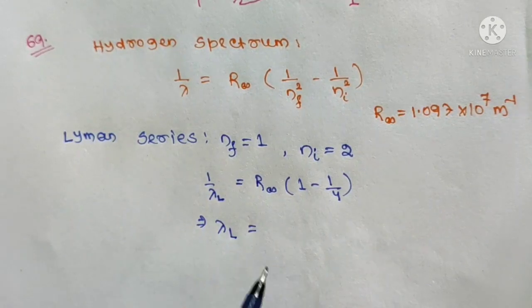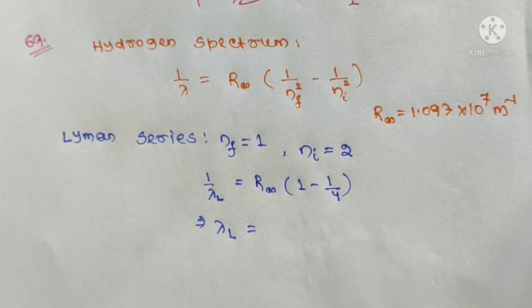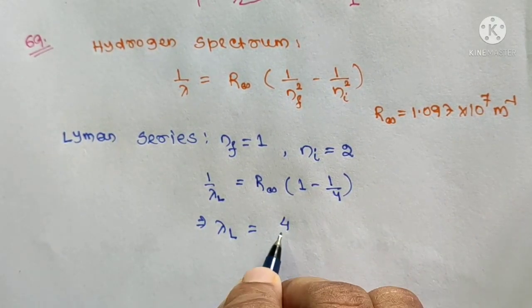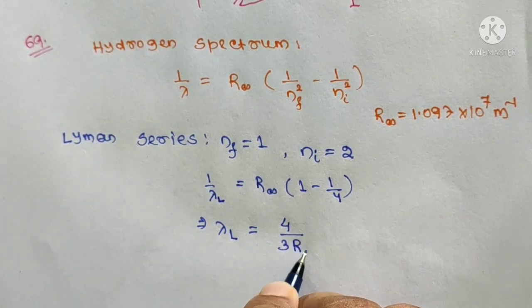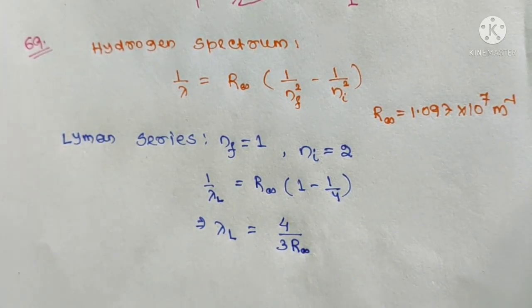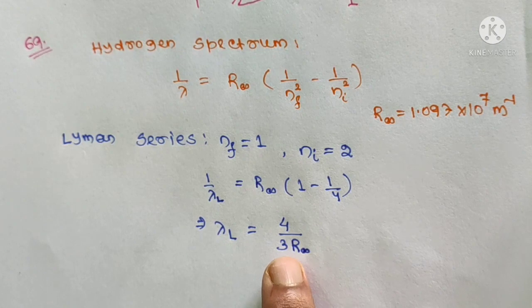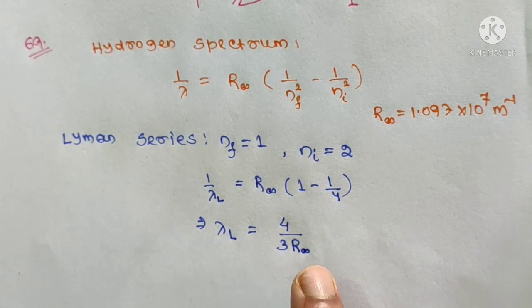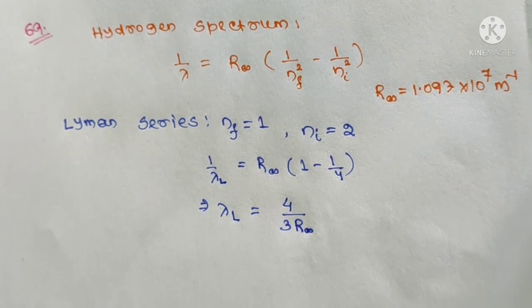From here lambda L equals to 4 by 3 R infinity. Now according to question, we have to express this term in terms of wavelength lambda. Now next let us calculate for Balmer series.